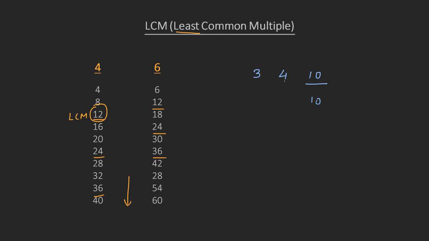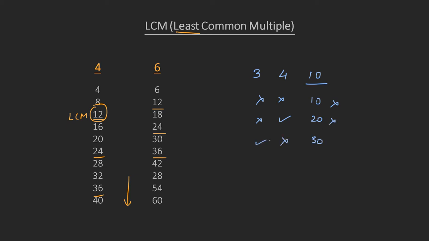So, is 10 a multiple of 3 and 4? No. You can just divide and check. 10 is not divisible by 3 or by 4. So we reject 10 and move to the next multiple, 20. Now, 20 is divisible by 4 but not by 3. So 20 also gets rejected.